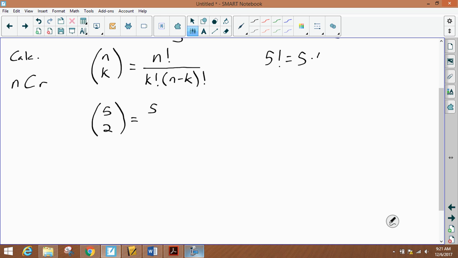It's 5 times 4 times 3 times 2 times 1. That's what 5 factorial is. If you are unfamiliar with what a factorial is, you should look it up because you need to know this.